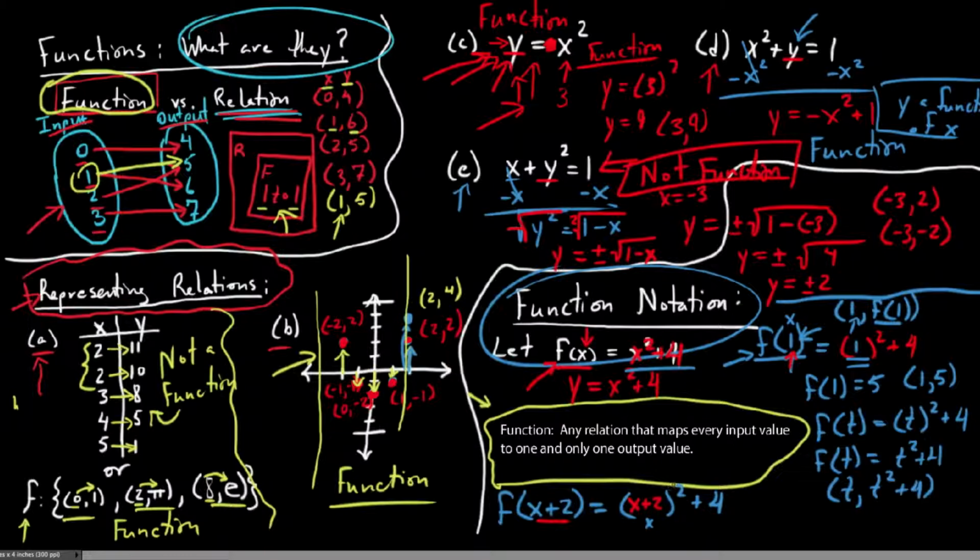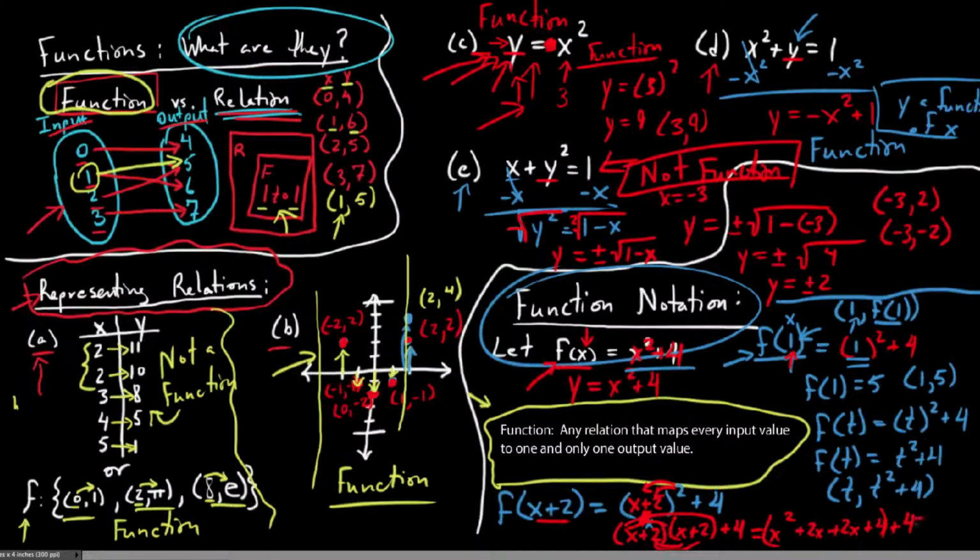Keep in mind we can't distribute a squared through a sum or a difference quantity here. So we have a sum, and let's write this out as x plus 2 times itself, plus 4. If we carry out our FOIL, we end up with x squared plus 2x plus 2x plus 4, and then plus 4 off on the right.